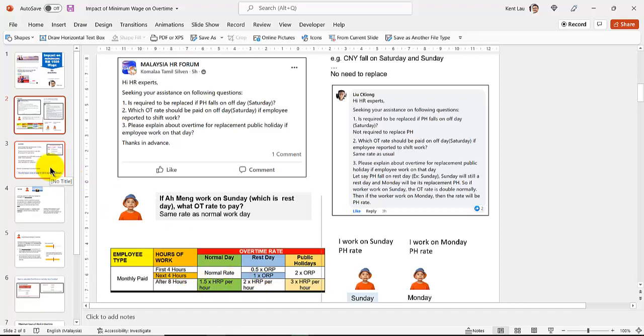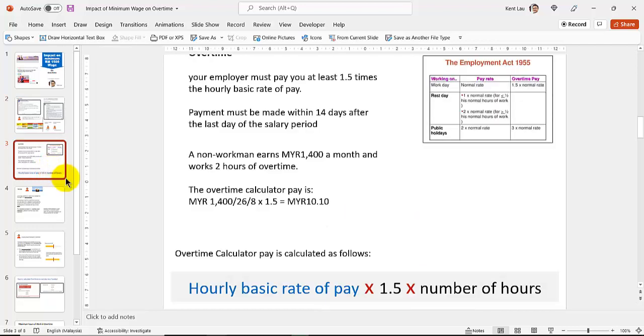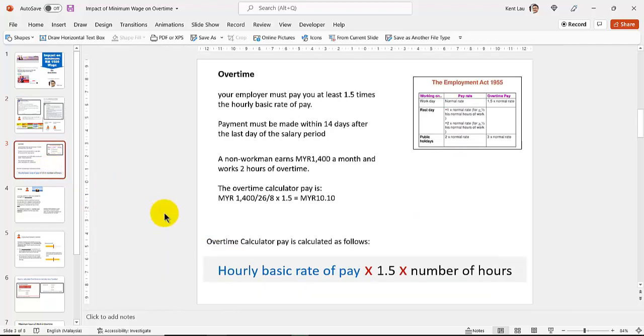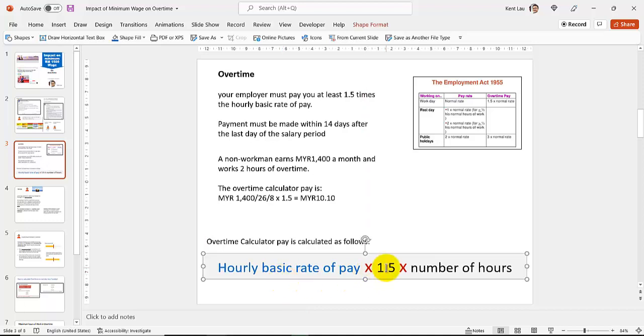And then, what is the formula? This is the formula: hourly rate, basic pay per hour, times 1.5. That is your hourly rate.